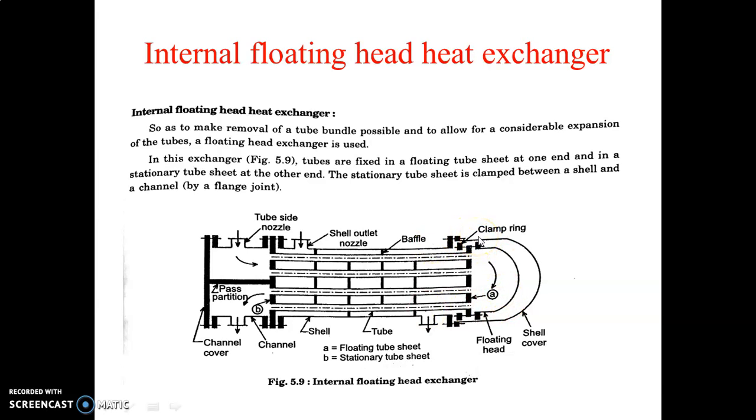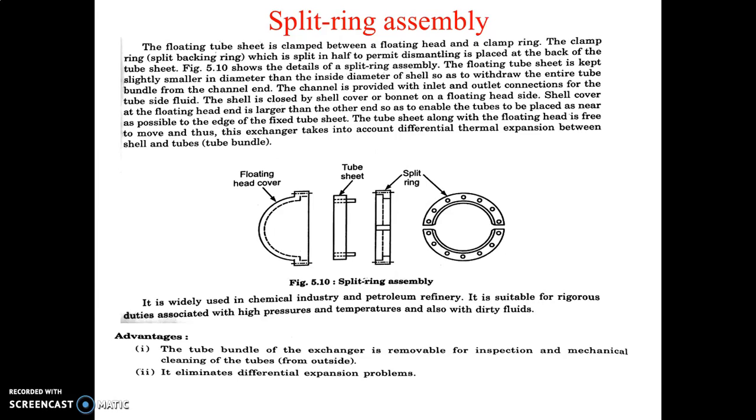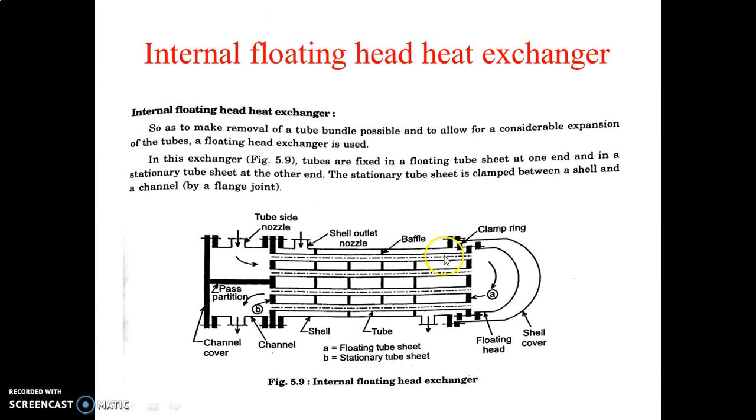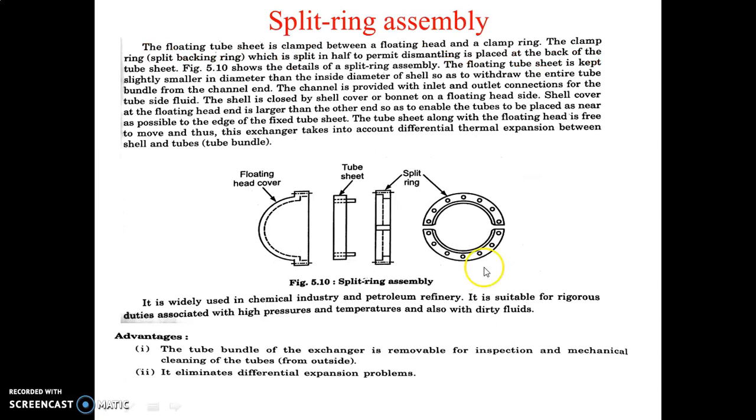And what is the use, or we can say the advantage, of this heat exchanger? The tube bundle of the exchanger can be removed for inspection and mechanical cleaning. So this tube bundle can be removed from the shell.